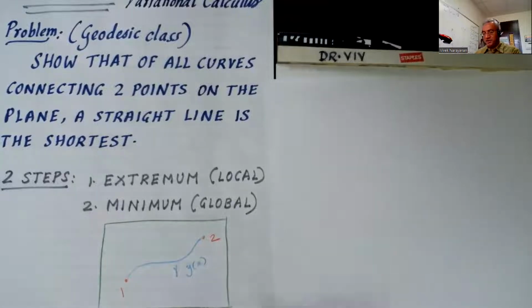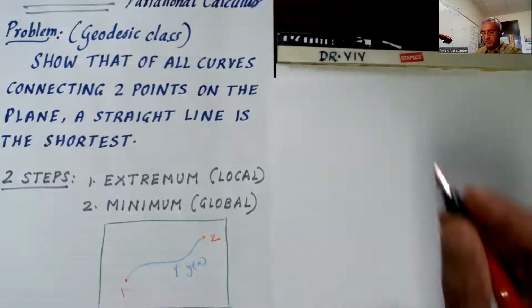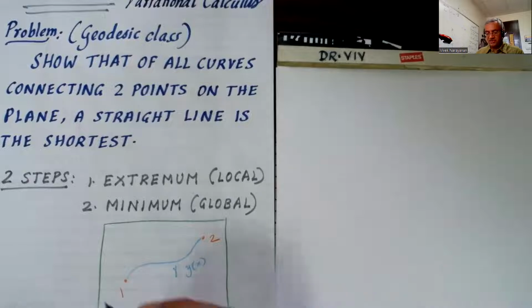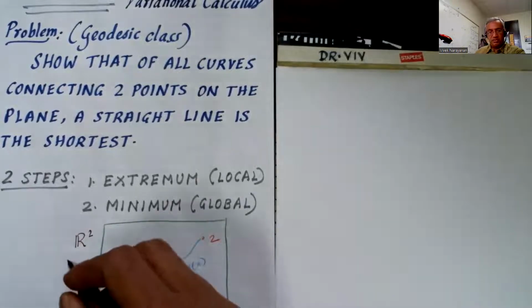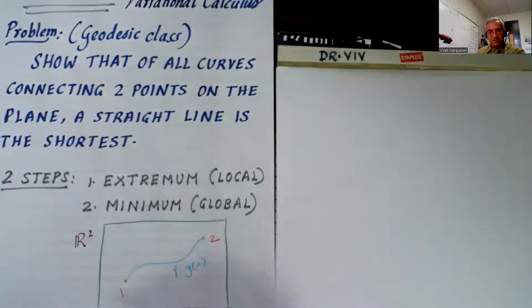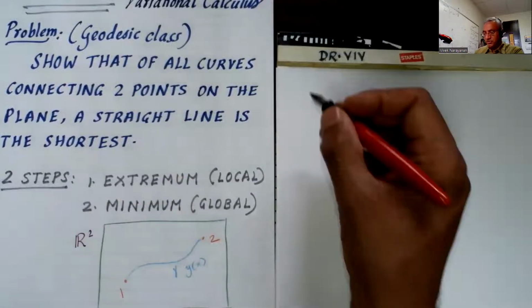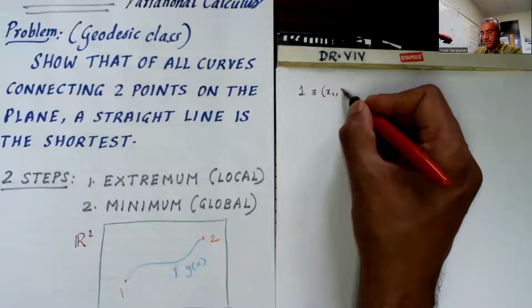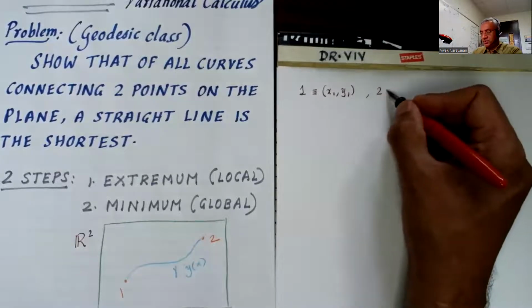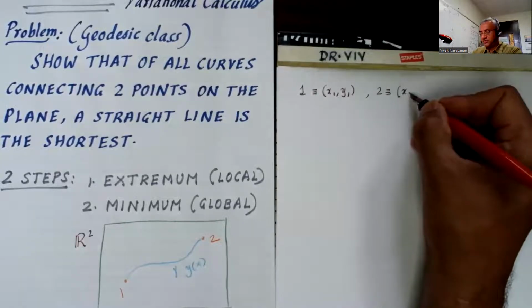All right, the endpoint 1, because we are working in the coordinate system x and y, this is R2. The x coordinate could be to the right and the y coordinate could be up. So the coordinate 1 corresponds to x1, y1, and the coordinate 2 corresponds to x2, y2.